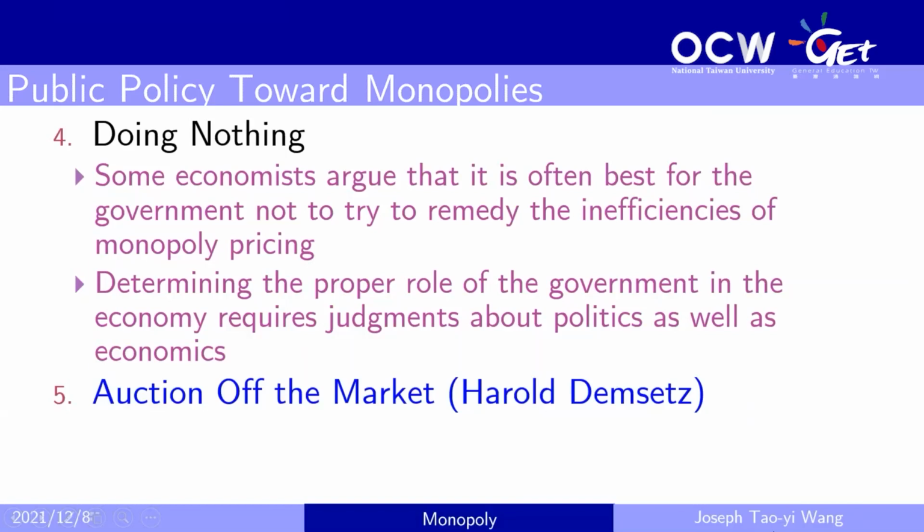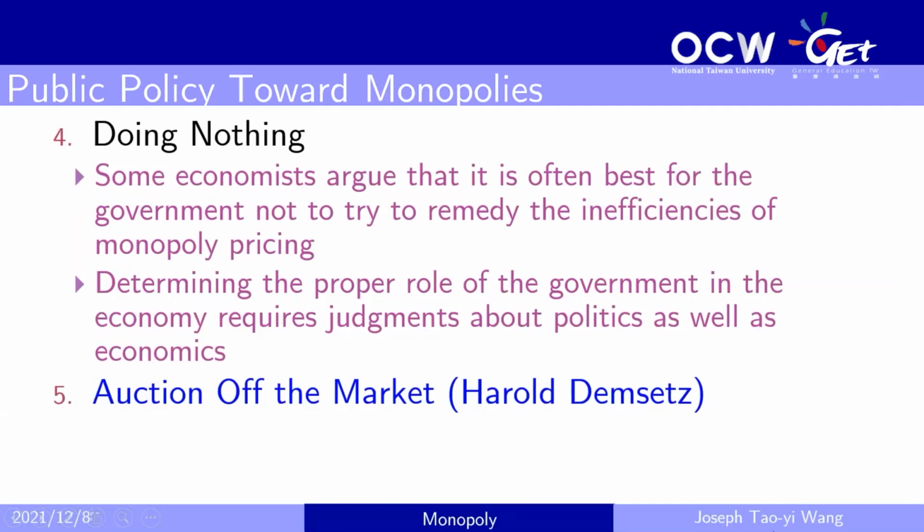So maybe auctioning off the market is a good idea, especially if you have a natural monopoly. Because the key thing here is that when you auction off the market, the government can receive huge amounts of revenues that can be used to either subsidize the consumers or put to other use. And so the inequality problem that the monopoly profit is creating goes away.